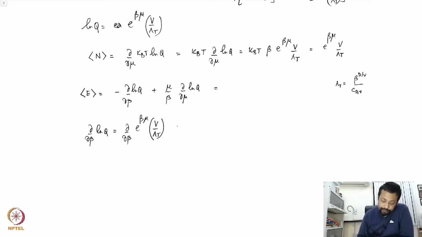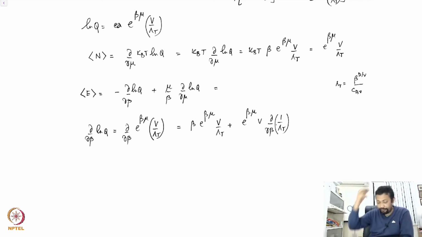And therefore this is going to be beta e to the power beta mu v over lambda t plus e to the power beta mu v del beta of 1 over lambda t.